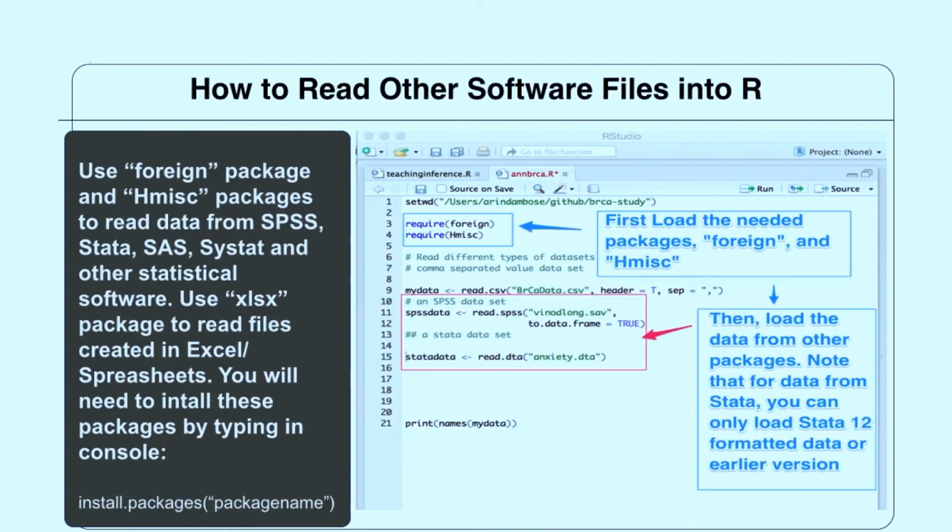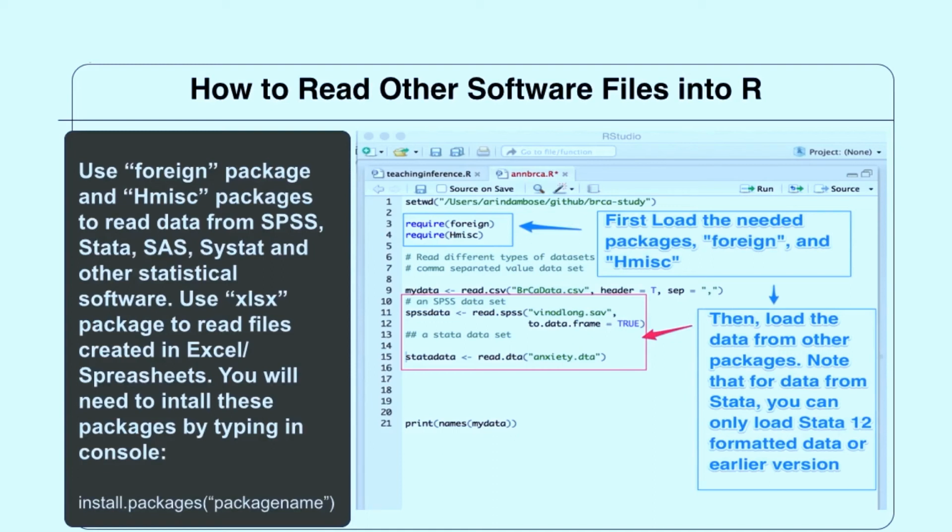In addition to the comma separated value file, which is a very versatile and very useful format, you can also read other software files into R, because many people do their work in SAS or SPSS or Stata and other software. In order to do that, you will need to use a package. One such package is known as the foreign package, F-O-R-E-I-G-N.